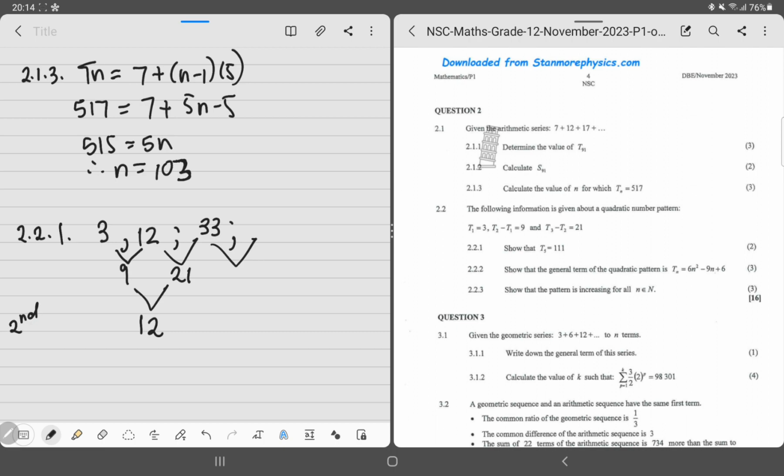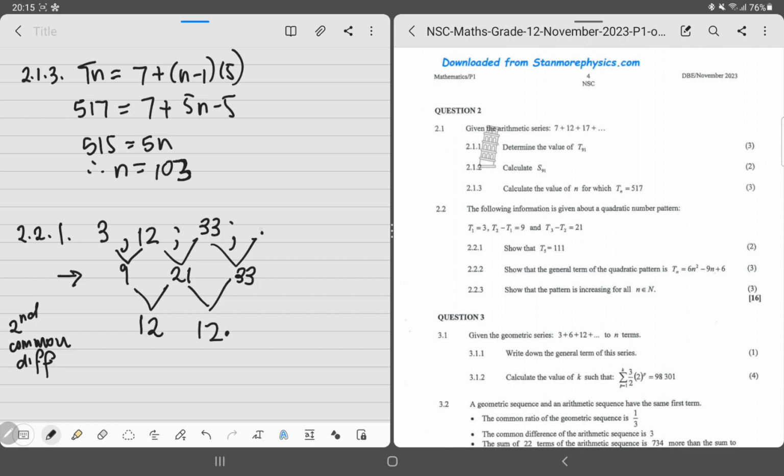The second common difference remains constant for all of the consecutive terms of this row. So in order to get a 12 here, we must say 21 plus 12, that is going to be 33. So that when we subtract 33 and 21, we will get 12.